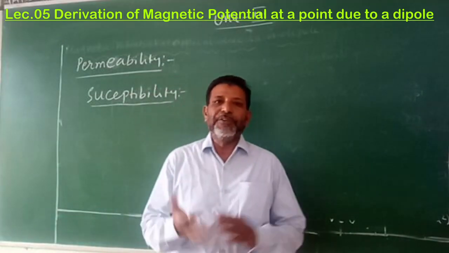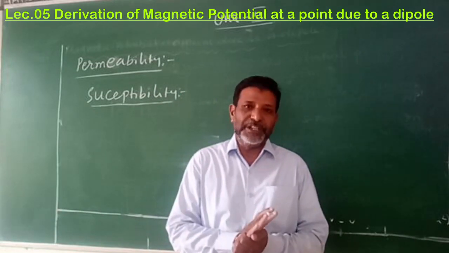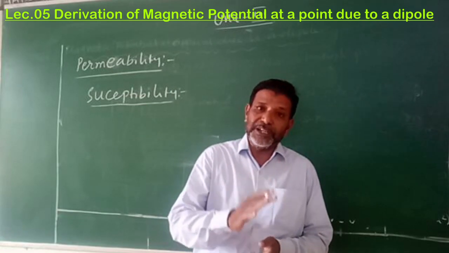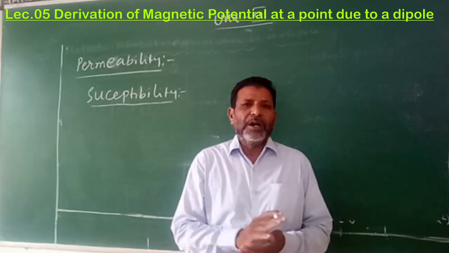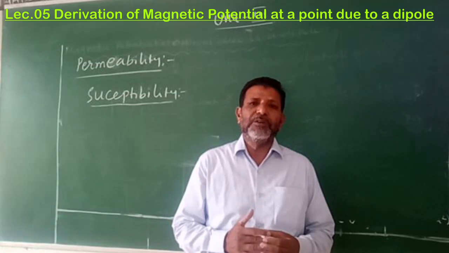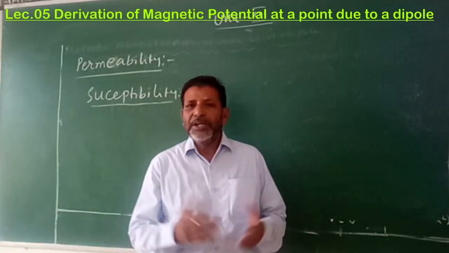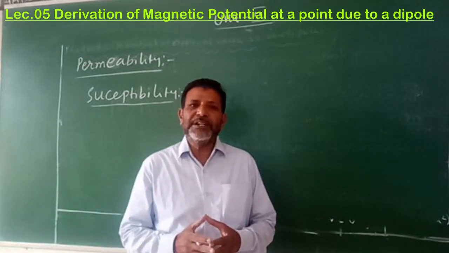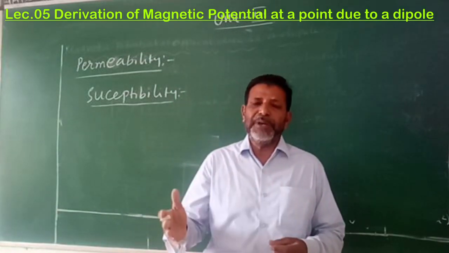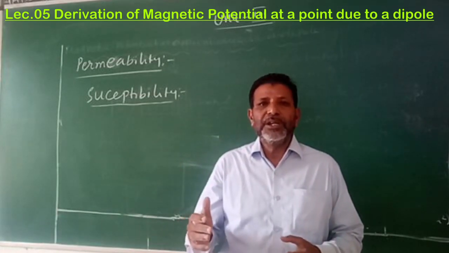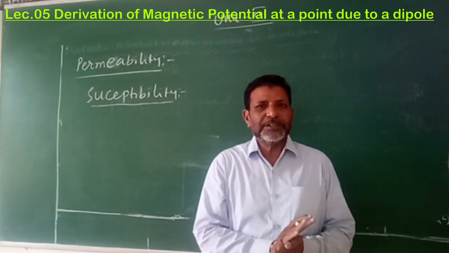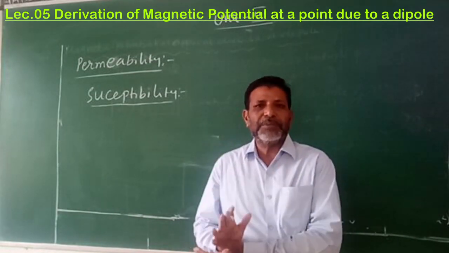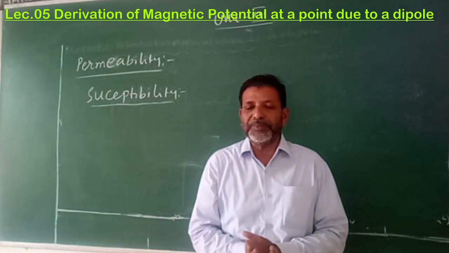I don't know how many of you still remember those definitions, even though you have studied them in your lower classes, both in physics as well as in chemistry. When I saw some of the chemistry books, I found there is a topic on diamagnetic, paramagnetic and ferromagnetic materials even in chemistry. There you will find these definitions, permeability, susceptibility, etc. But to what extent have you understood that?